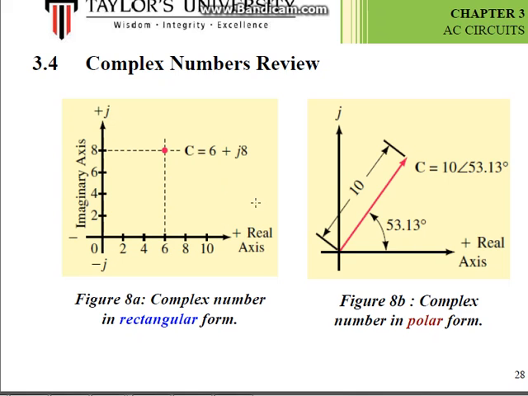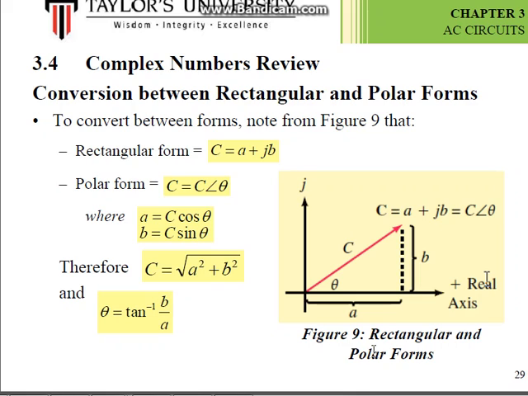So you take inverse tangent of 8 divided by 6, and that's where you get 53.13. That's the equivalent polar form. Phasor diagram, polar form. If it's in terms of this kind of diagram here, we call it the rectangular form. So just as what I've explained earlier on.